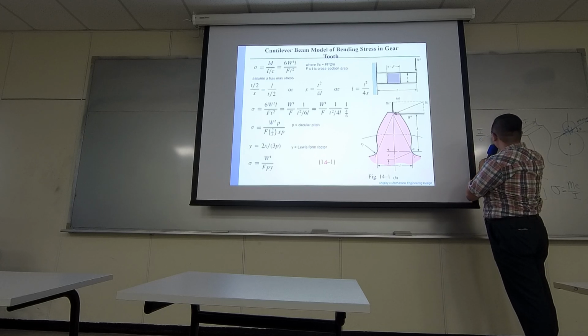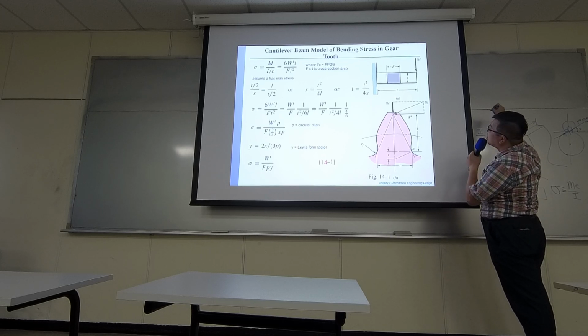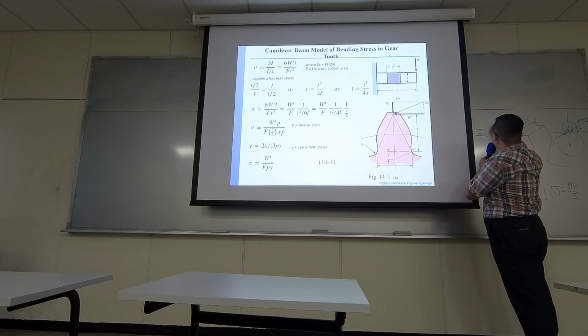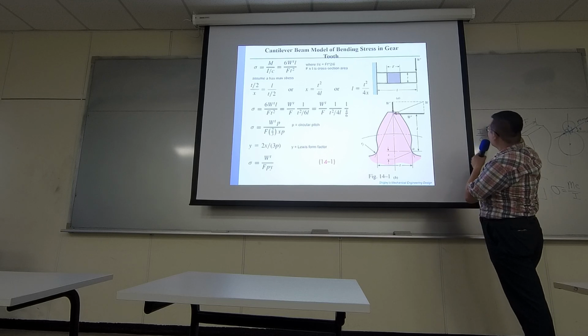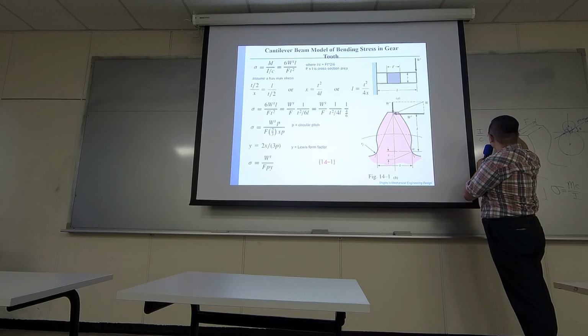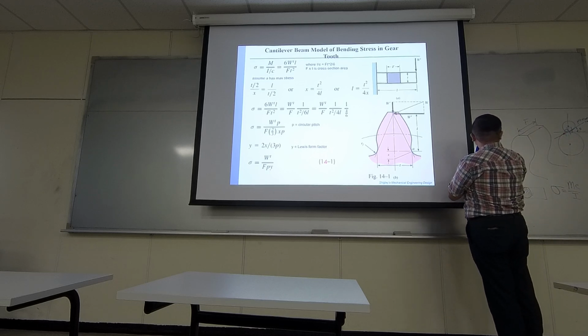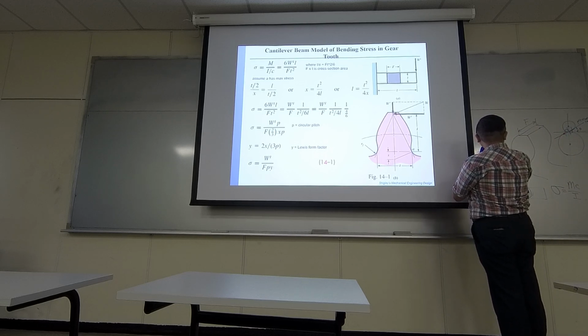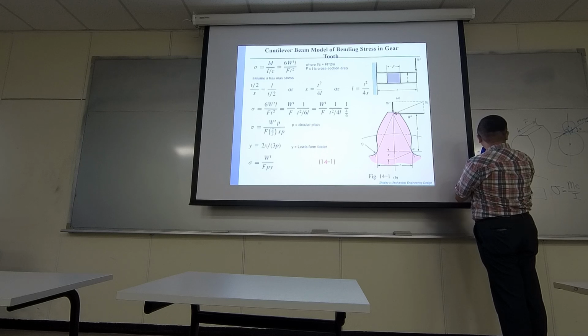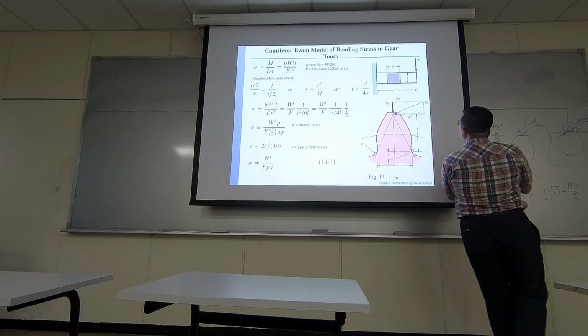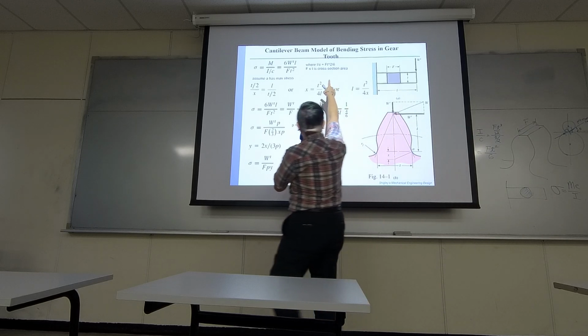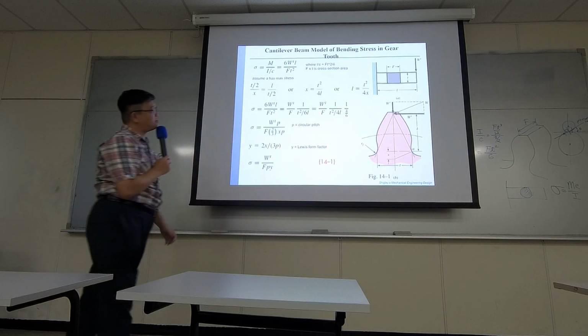I think it's 12 over, on top it should be FT cubed over 12. So at the end you will have FT squared, and you have 6 right here. Right, exactly like what I did over there.